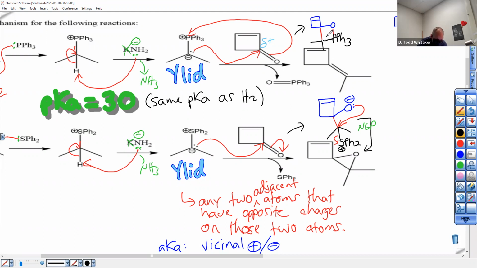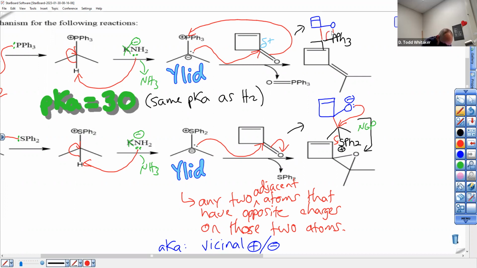I'm thinking the weakest bond here is the C to P, because any bond to oxygen is stronger than a bond to less electronegative atoms. And carbon to oxygen is going to be stronger than carbon to phosphorus. So I'm thinking this is being drawn up towards oxygen. You see where I'm going with that?